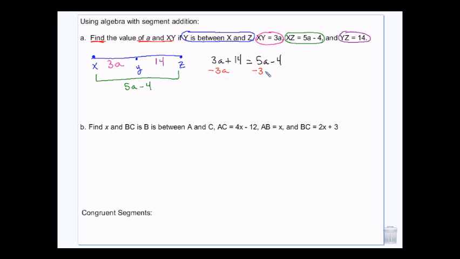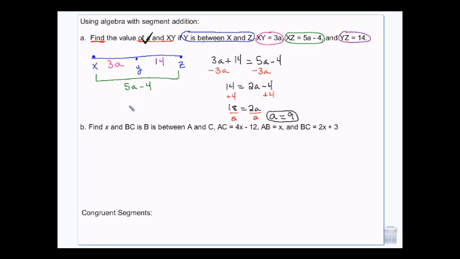I'm going to subtract 3a from both sides. So I'm going to get 14 is equal to 2a minus 4. Then I'll add 4 to both sides and I will get 18 is equal to 2a. I will divide by 2, and that will tell me that a is equal to 9.